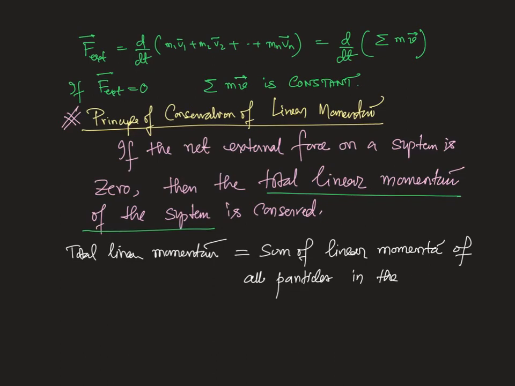I should have written vector sum. So the total linear momentum of the system is the vector sum of linear momenta of all particles in the system. So we have proved the conservation of linear momentum here.